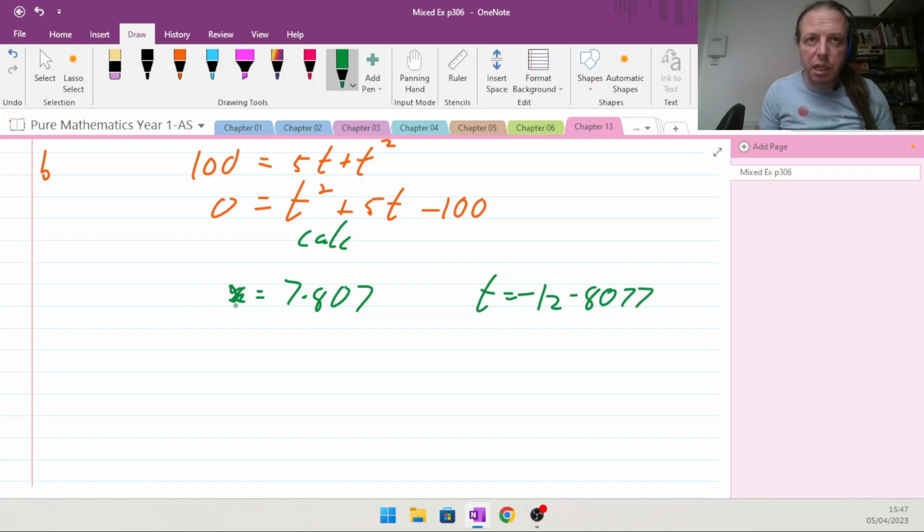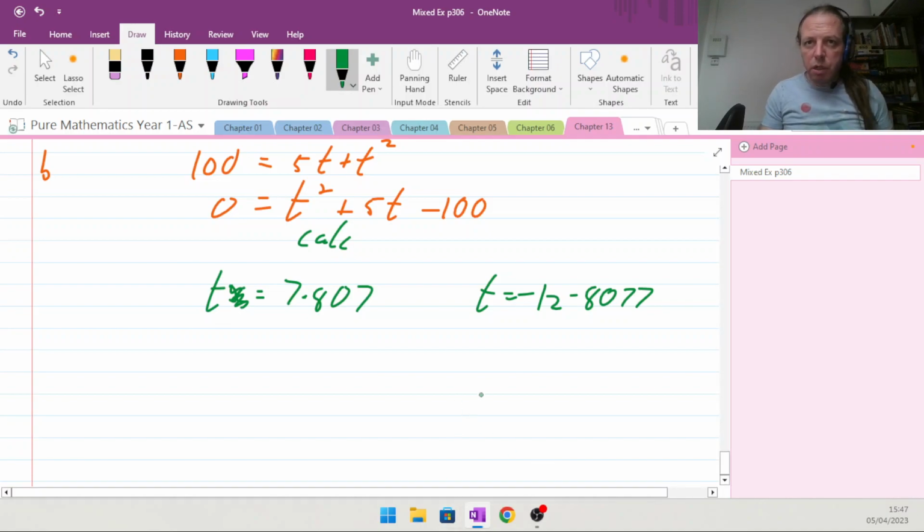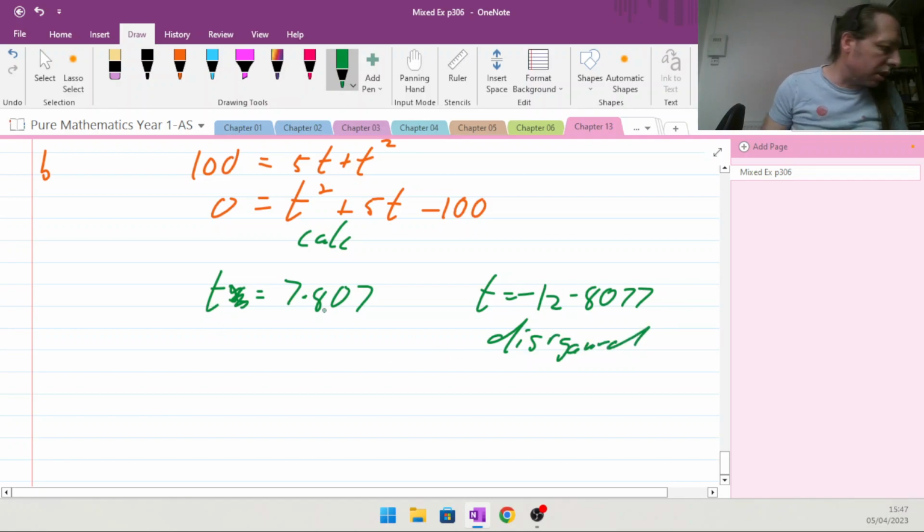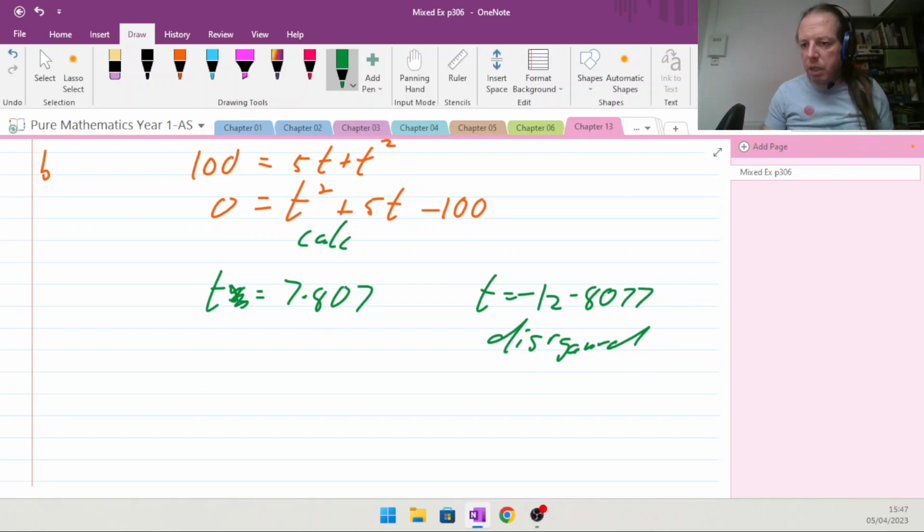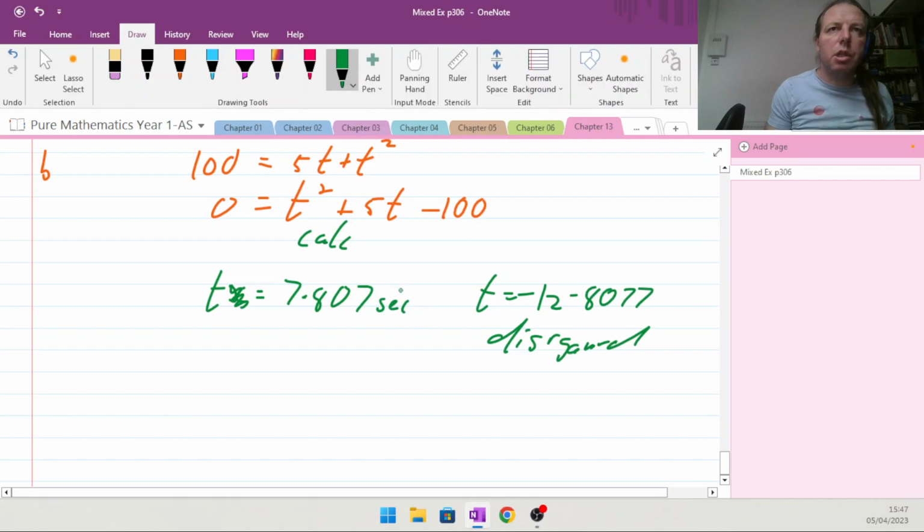Okay, that should be a t. Keep on making that mistake. So disregard that, because we can't have minus time. So 7.80 seconds. Did they want it to more places? No, just like that. Okay, so seconds.